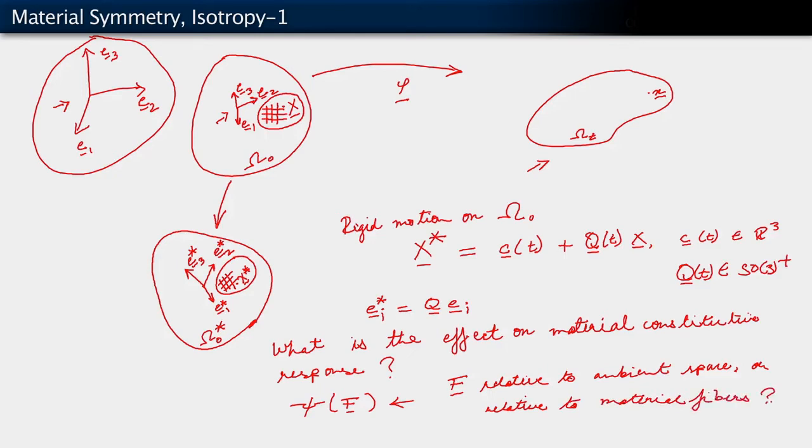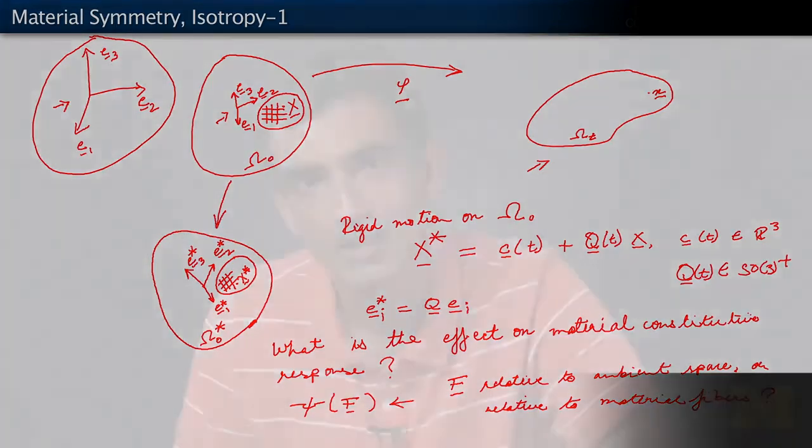So the question is, if you are going to write out a strain energy density function for a material, what gives us a more physical representation of the material response? Is it that we just define the deformation relative to the walls of the room, that is, relative to this basis?